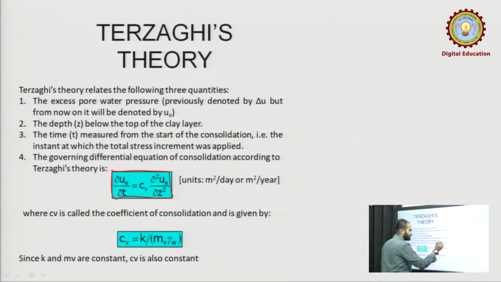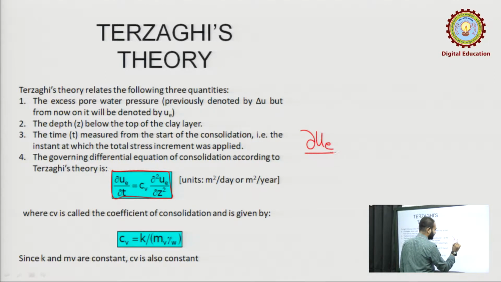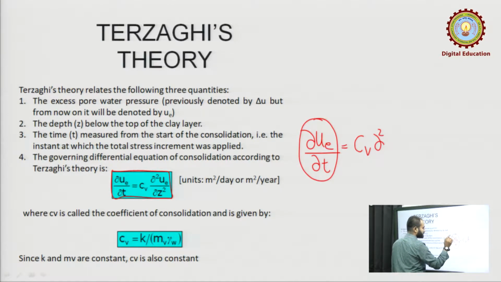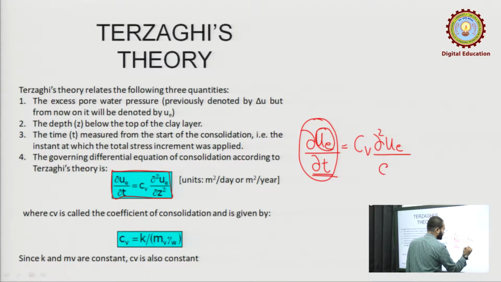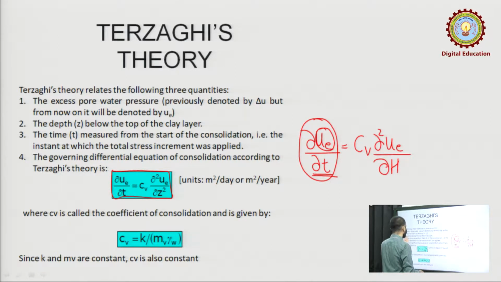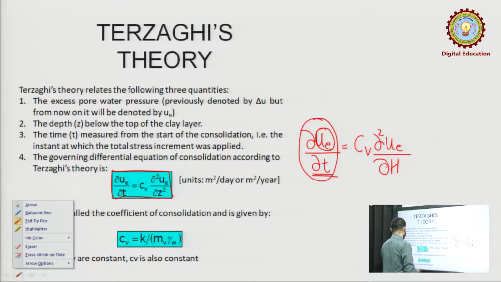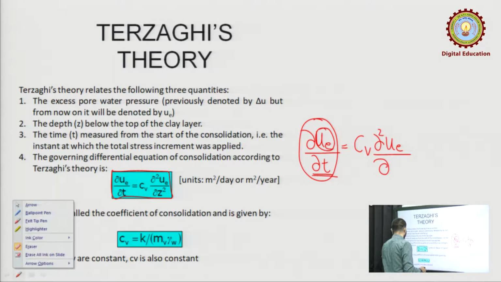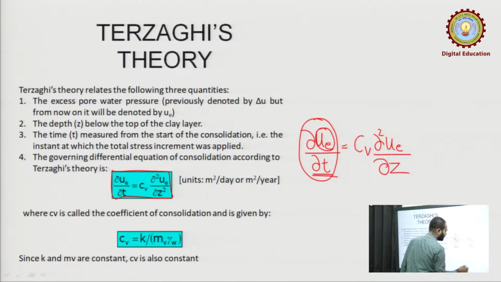So, remember this formula: del UE upon del T, with respect to time, will give you the value of CV times a double differentiation, a partial differentiation of the excess pore water pressure with respect to H, or you can say Z. Let us say Z only, otherwise you will get confused. It is the depth.